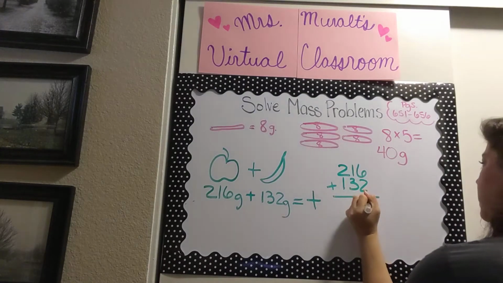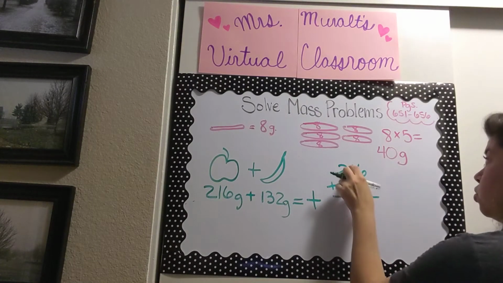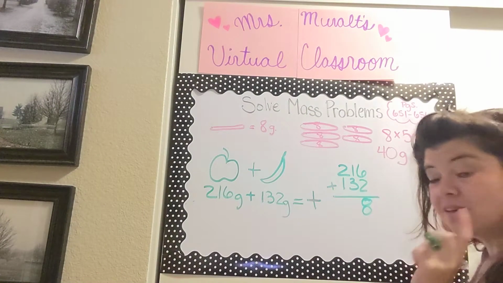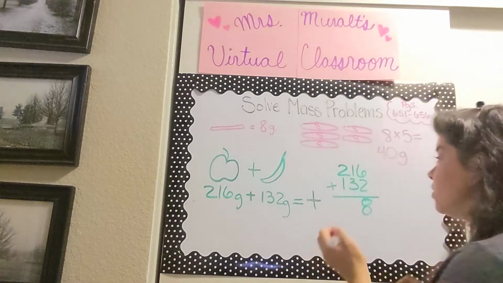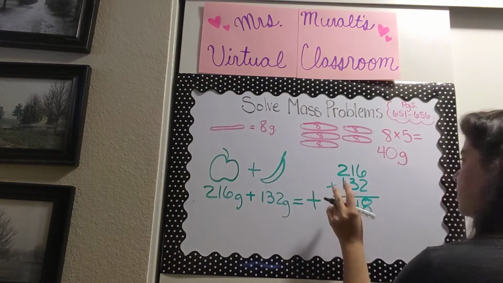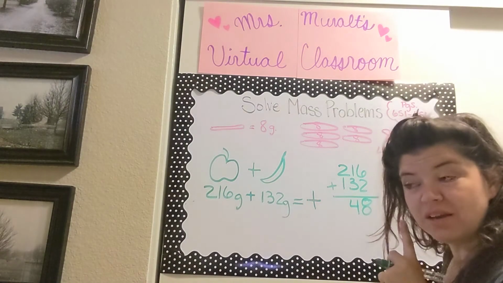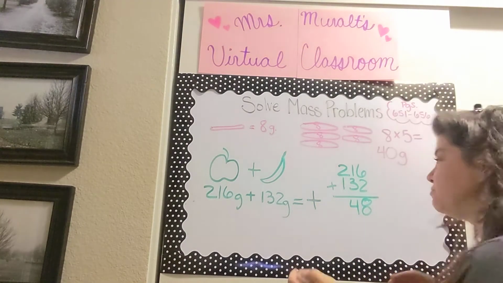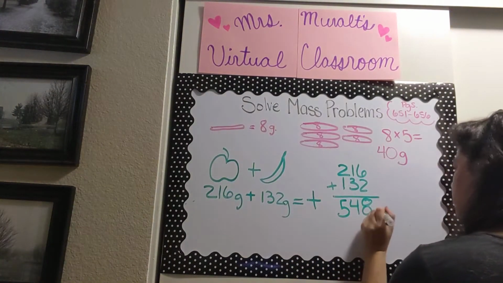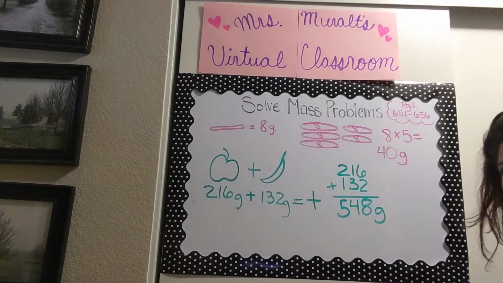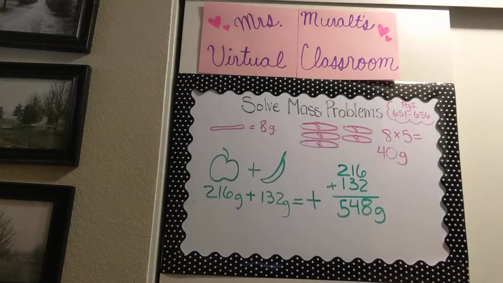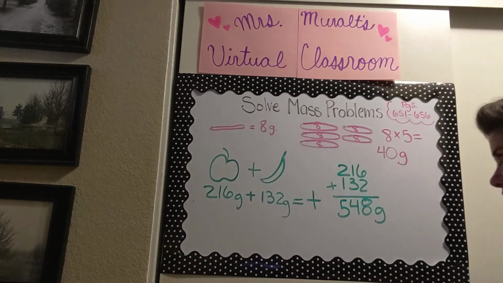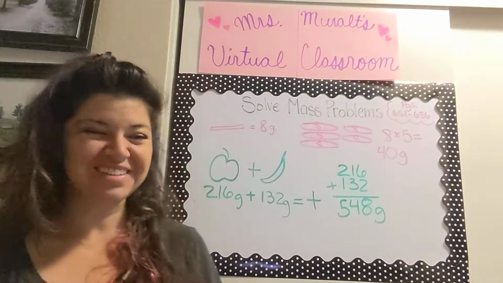Six plus 2 is 8. 1 plus 3 is, that's right, 4. 2 plus 1 is what? Exactly, 5. Our answer, we add our label there, is 548 grams. How'd you do? Pretty good?